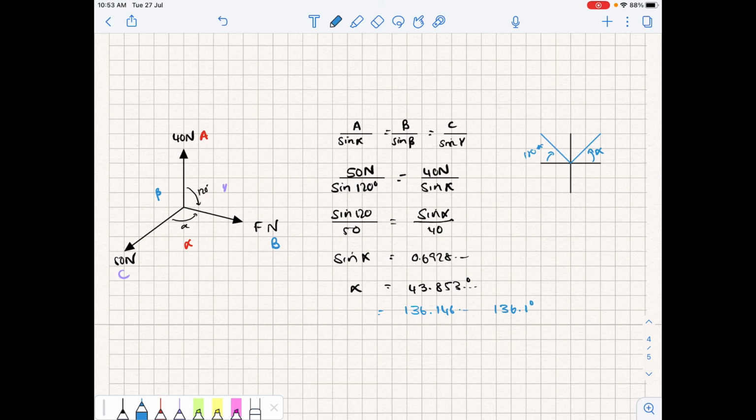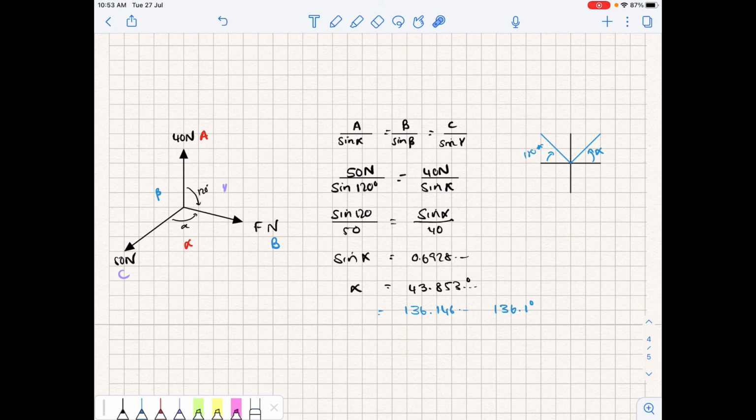So with just 4 lines of working out, without having to resolve any forces, we were able to solve for alpha. Now, because we have alpha and it's already in our calculators, we can quickly work out the angle opposite the unknown force, which I've labeled as beta, so this angle over here.